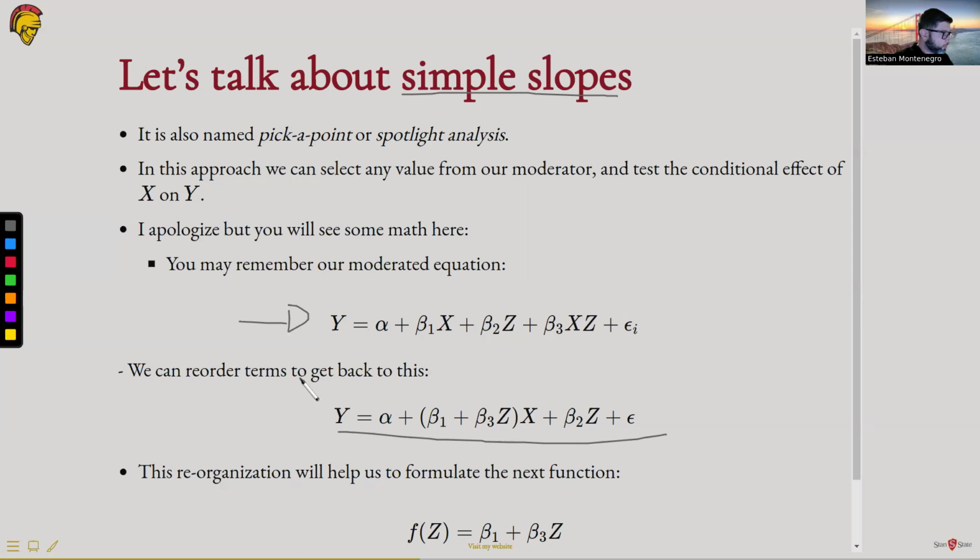So we can take this mathematical formulation, right, and rearrange all the terms in a way that it looks like this. By doing this, we can get a function for z, right? And remember, z is our moderator.